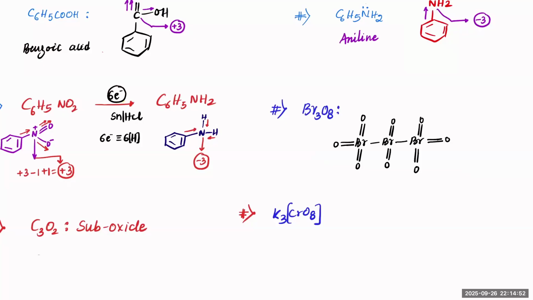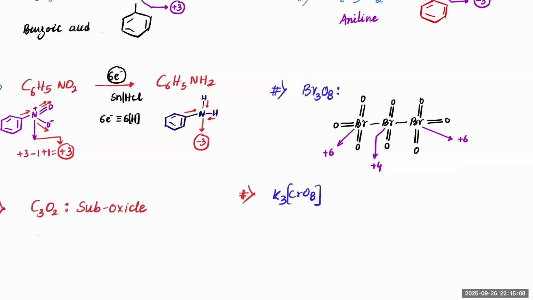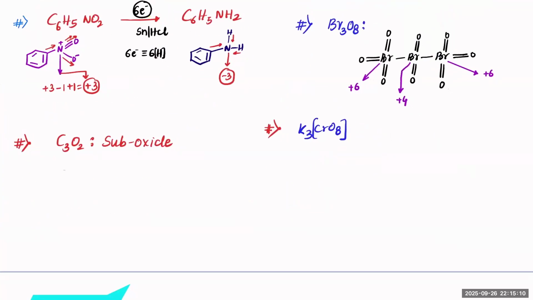So here if you notice the oxidation state, because bromine is losing on 3 sides here, that makes it +6, and here also bromine is losing on 3 sides, that makes it +6, and here bromine is losing on 2 sides, that makes it +4. So these are individual oxidation states of bromine. Okay. So if the oxidation number is asked, it is 16 by 3.